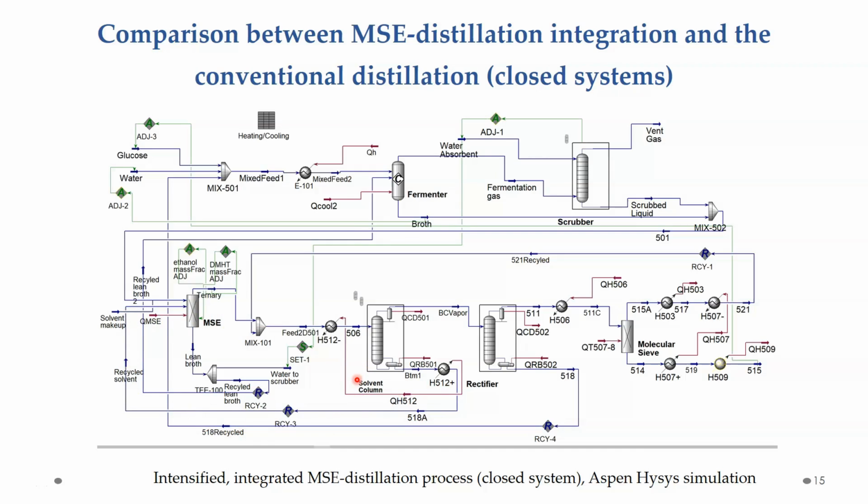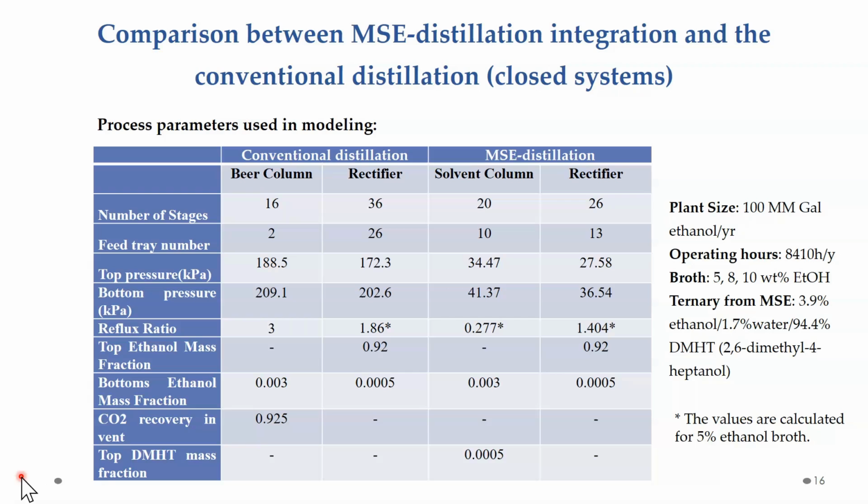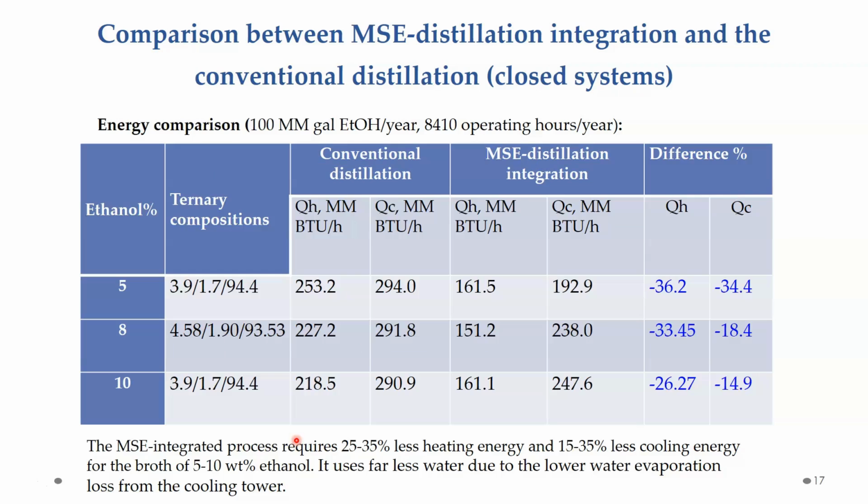In contrast, the beer column in the conventional distillation process in the previous slide is used to pre-concentrate to 40 to 50% ethanol, which is more diluted than here. Here are the parameter values used in the process modeling. Here are the energy data from simulation.